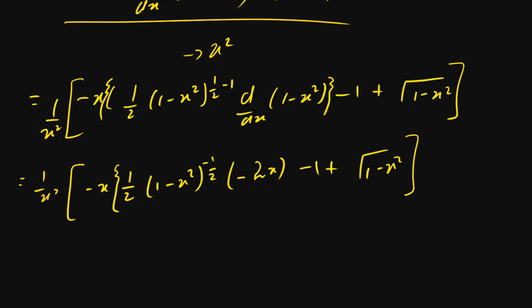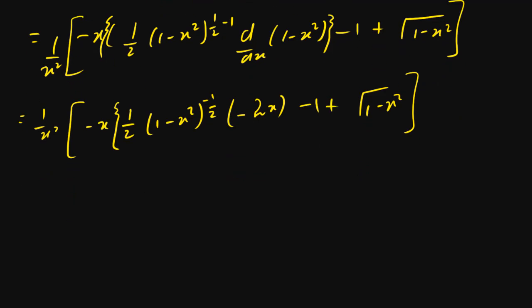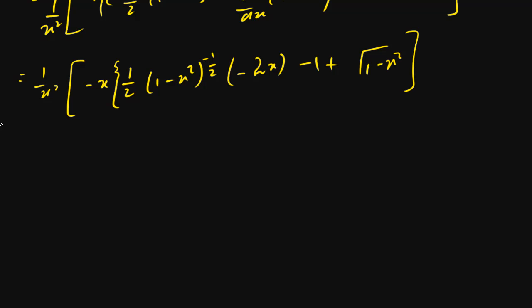Now what else we have right now? We are going to do one more step here, 1 over x square, we have minus x, and that will come down with 1 over 2, (1 minus x square) to the power 1 over 2, and we have 2 minus 2x, like minus 2x.